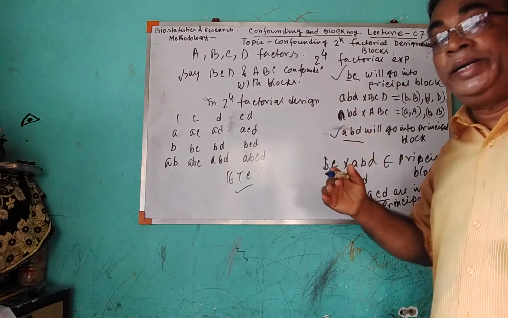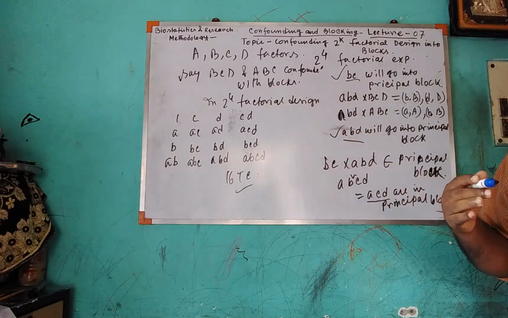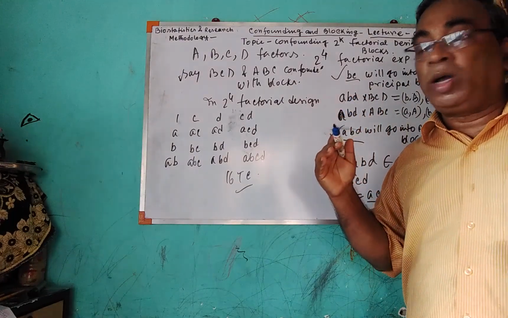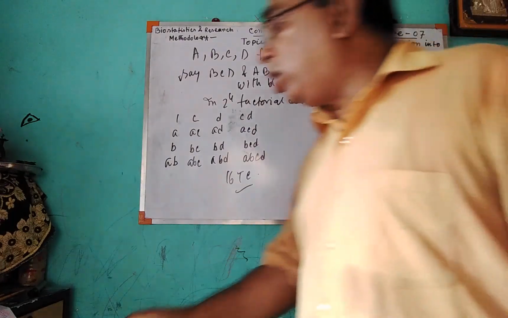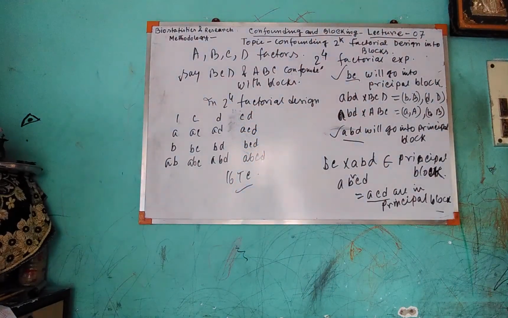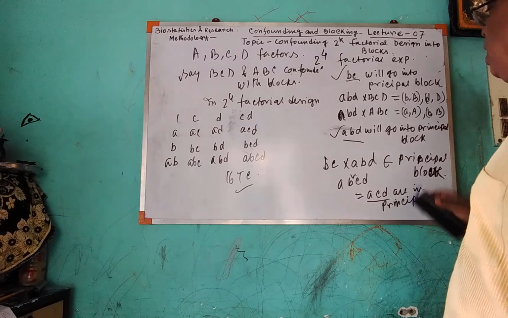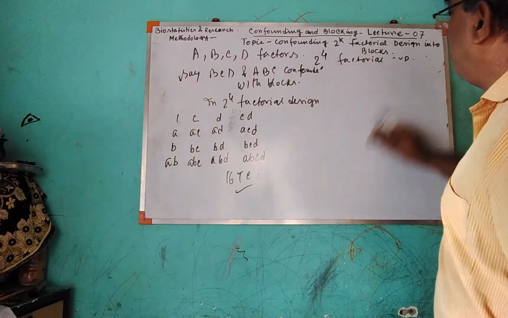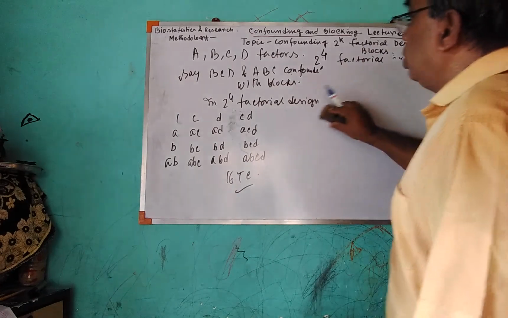These are the four. I already told there will be four blocks, each block having four elements. I already got the elements of principal block. Now I have to find the other blocks by using the multiplication rule.